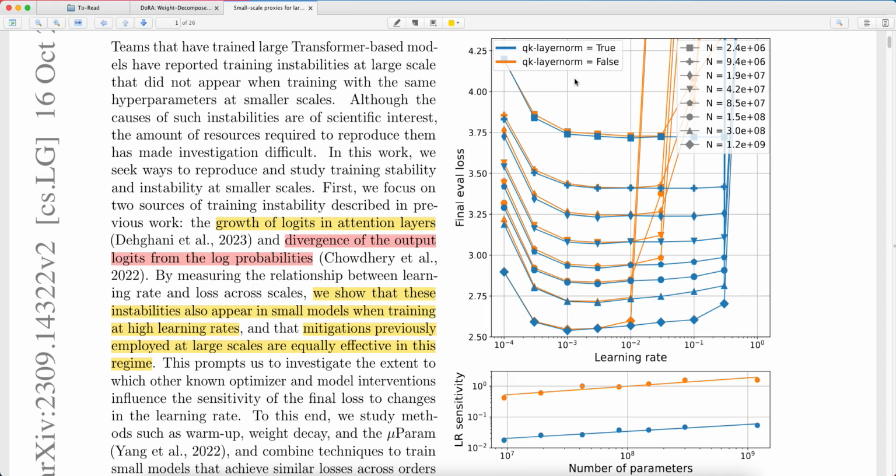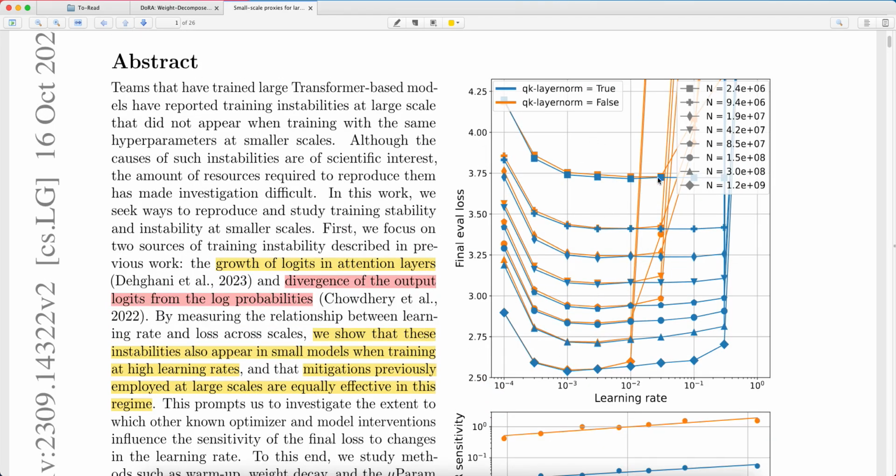And I think blue is qk-layernorm, and that LR sensitivity drops when you use qk-layernorm. And then the yellow or orange, or I guess tangerine, is without qk-layernorm, and that explodes earlier is what I'm seeing, right? This is like 10e-2 and it's already exploding.